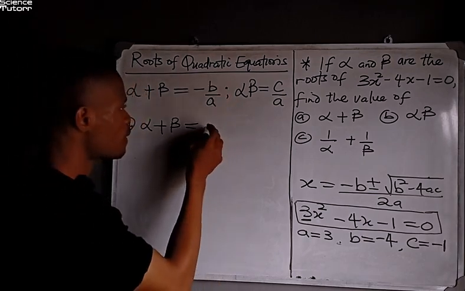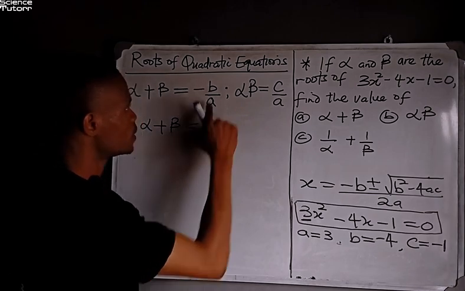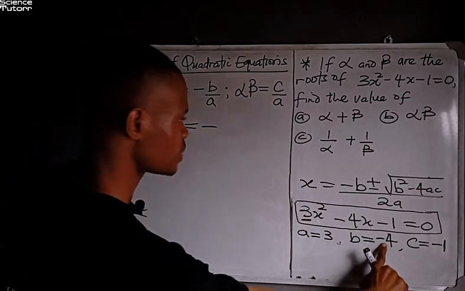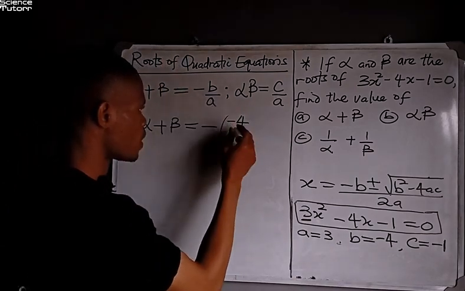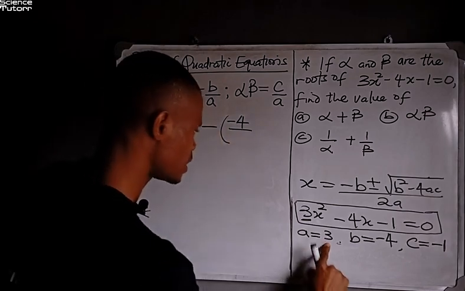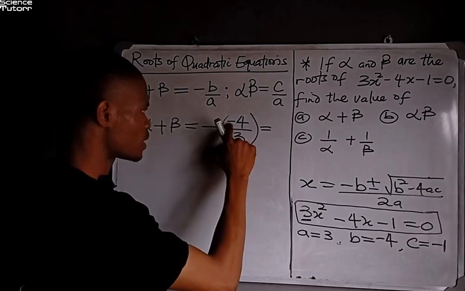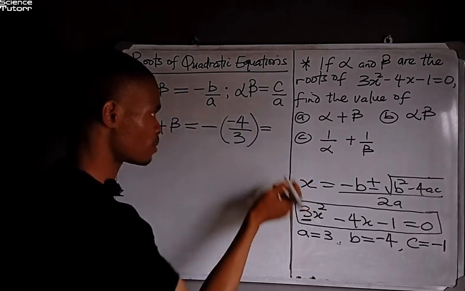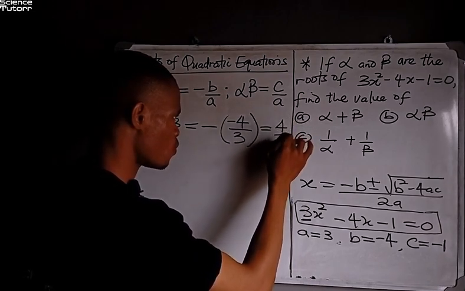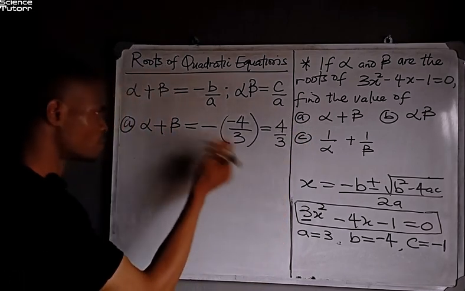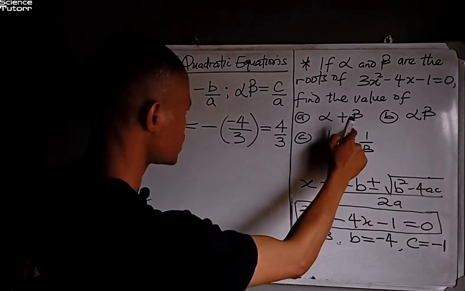Minus b is given as minus 4, over a, which is given as 3. So minus times minus is a plus, and we have 4 over 3. So alpha plus beta is equal to 4 over 3. That is for the first case.